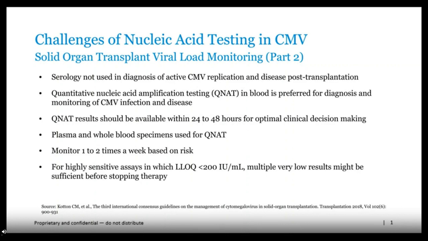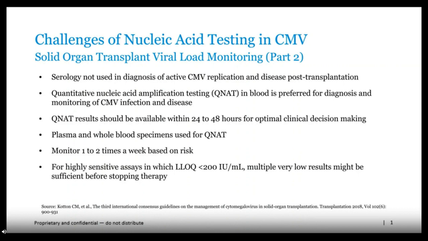Results should be available optimally within 24 to 48 hours to optimize clinical decision-making. Both plasma and whole blood specimens are used for quantitative nucleic acid testing, and typically patients are monitored one to two times a week based on their risk of developing CMV disease.